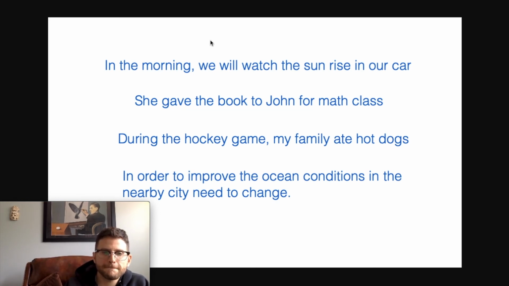Okay. Let's look at the next one, and I'll have you look at the third and fourth one on your own. Look at those two sentences, the third and the fourth one, and do exactly what I told you, which is identify the prepositional phrases, whether there's one or more than one.